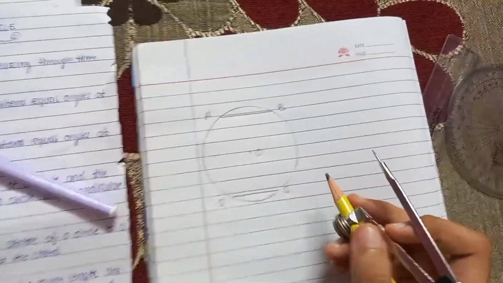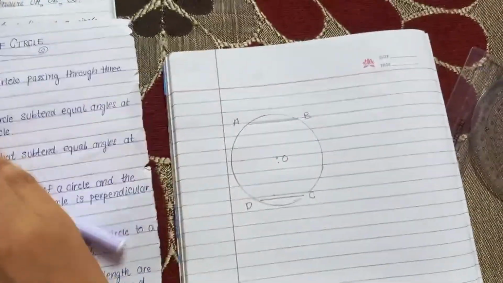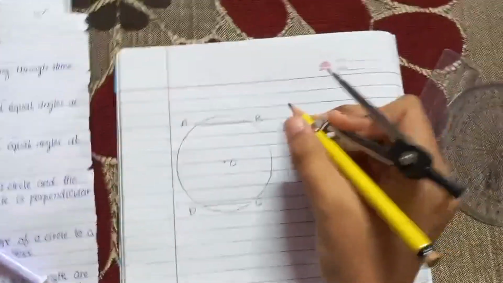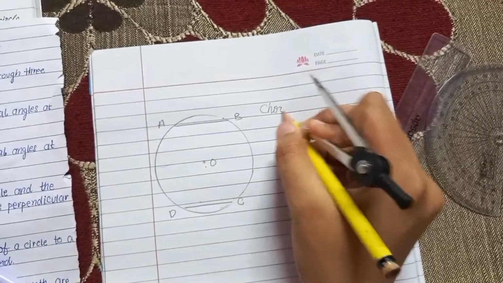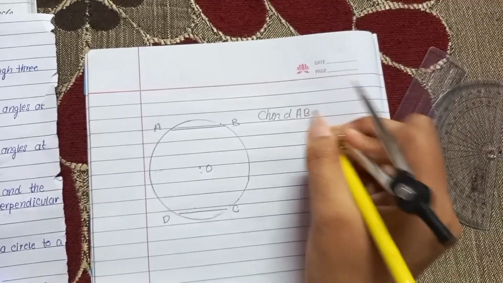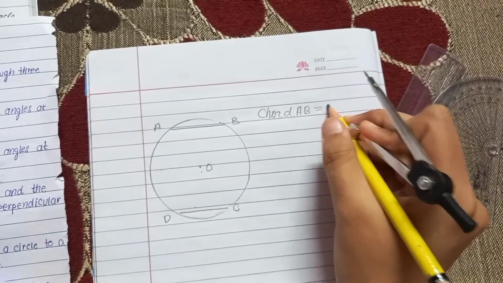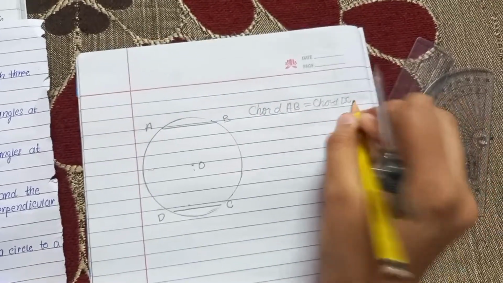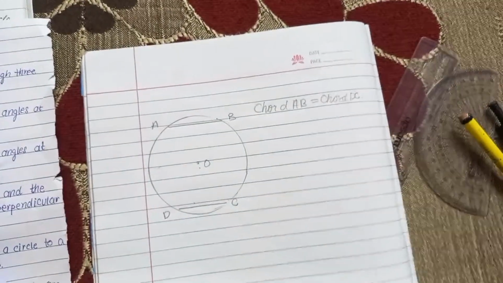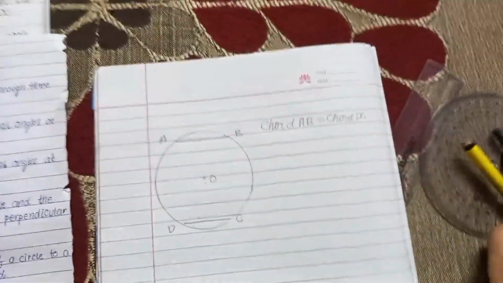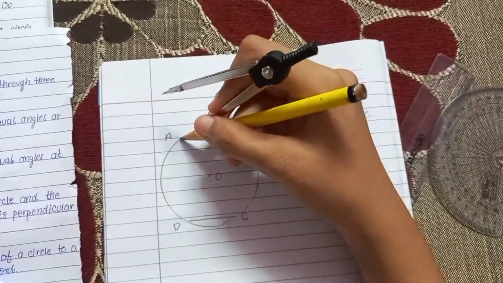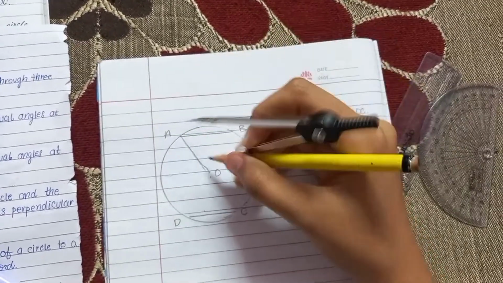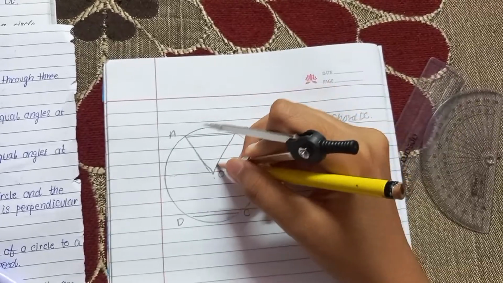It is written, equal chords of a circle, so it means that chord AB is equal to chord DC. Then it is written that they subtend equal angles. What is the meaning of subtend? When a chord subtends an angle, it looks something like this.